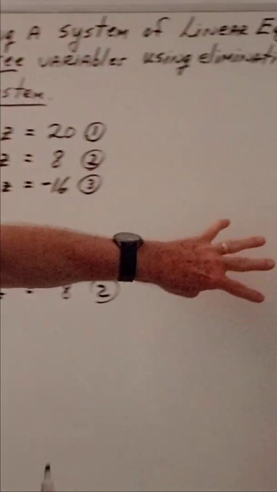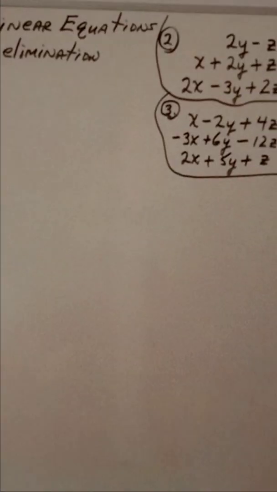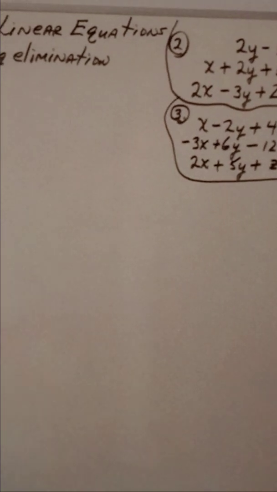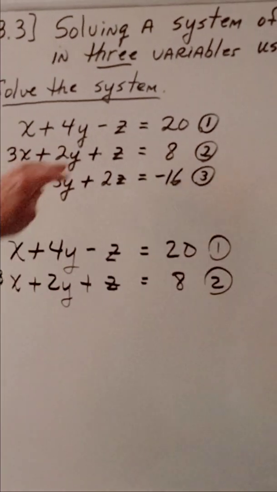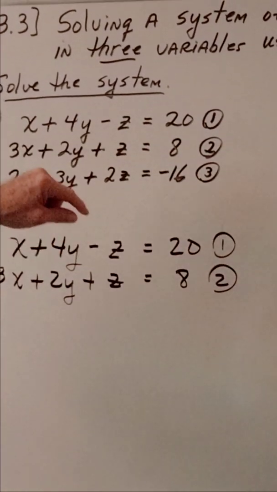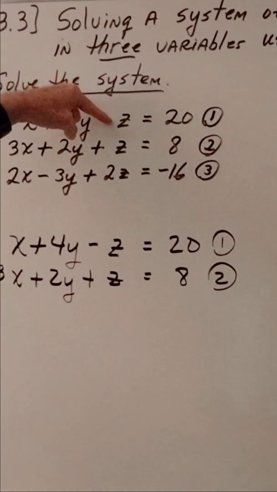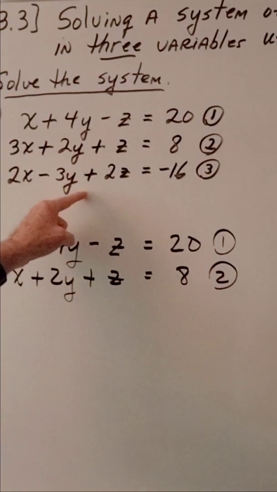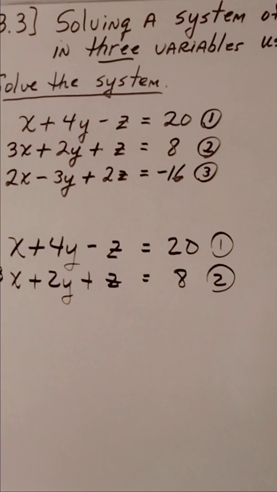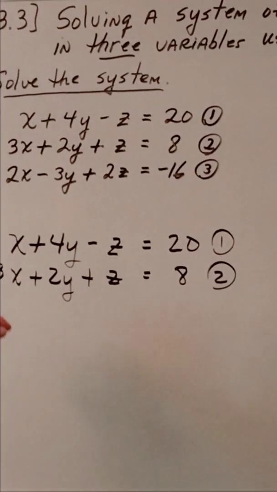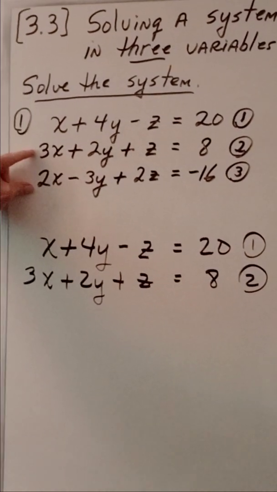And then over in this vicinity right here, I'll pick a completely different pair of equations. I can no longer pick 1 and 2. I'll either have to pick equation 1 with equation 3 or 2 with 3. And folks, it doesn't make any difference. So I'm going to go ahead and pick 2 and 3.